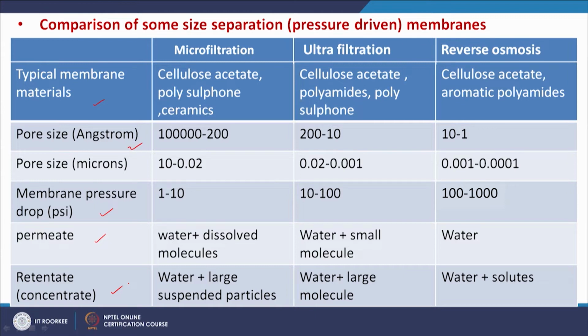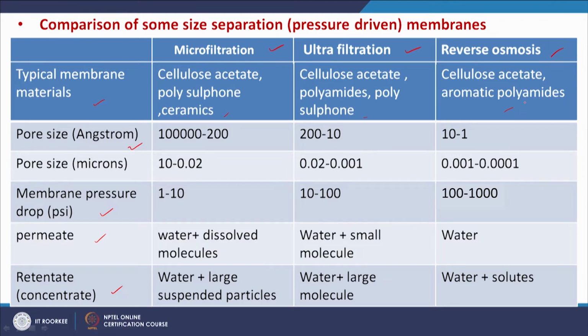The pressure driven processes are microfiltration, ultrafiltration and reverse osmosis; these three have been chosen. Typical membrane materials: cellulose acetate, polysulfone, ceramics in case of microfiltration; cellulose acetate, polyamides, polysulfone in ultrafiltration; and cellulose acetate, aromatic polyamides in reverse osmosis.